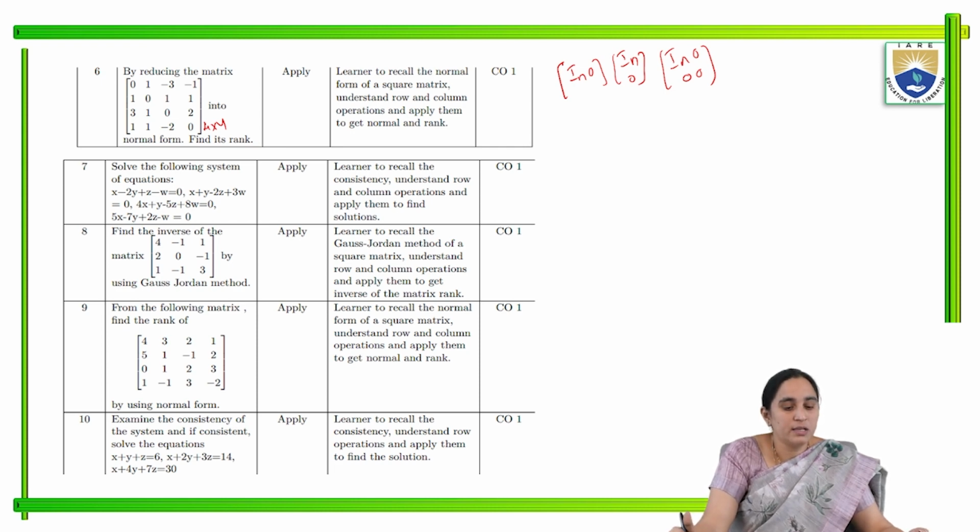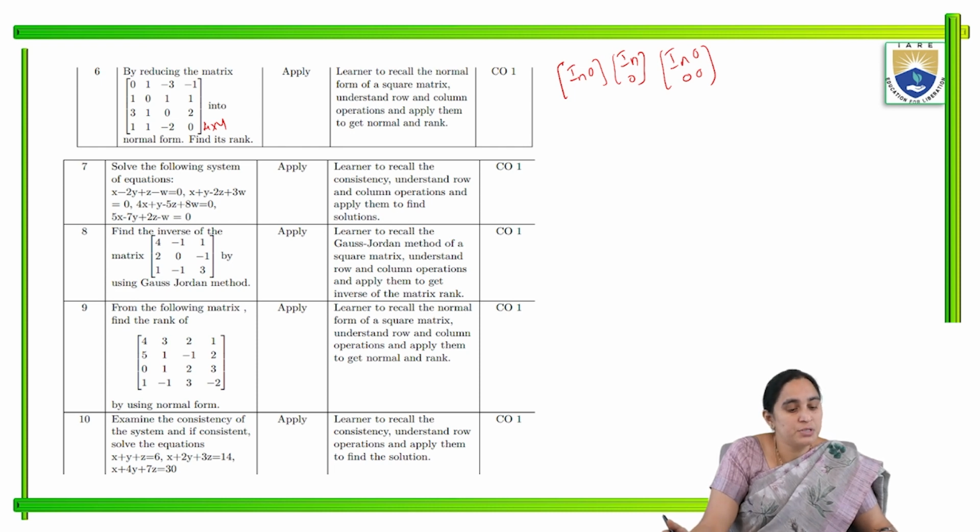First of all, what is the concept here? The learner should recall consistency under row and column operations and apply it to find the solutions. We have to recall whether it is consistent or inconsistent, and after that find the unknown values of x, y, z, w. We already discussed consistency and inconsistency for homogeneous and non-homogeneous equations.